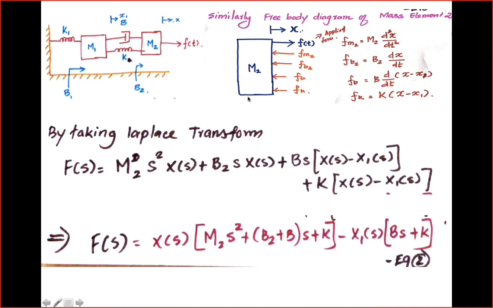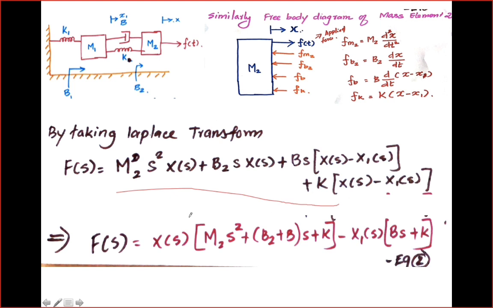Now we are going to rearrange this equation in terms of x of s and x1 of s. So we have here two different terms, x of s and x1 of s. I am going to rearrange this equation.